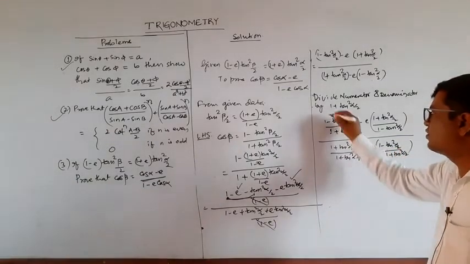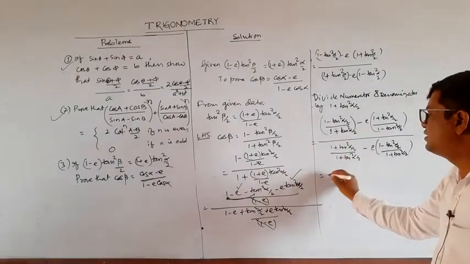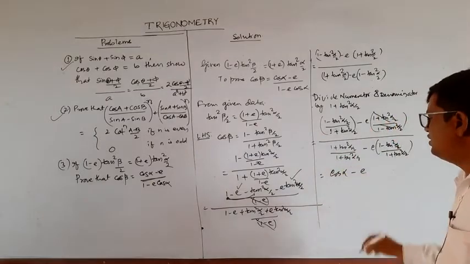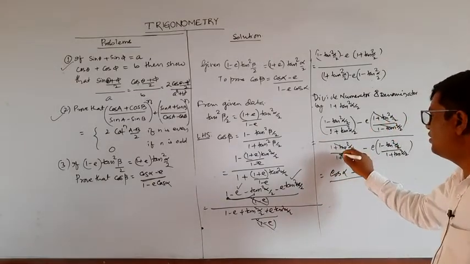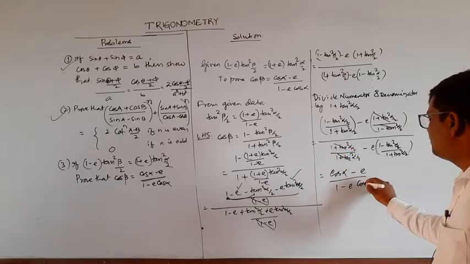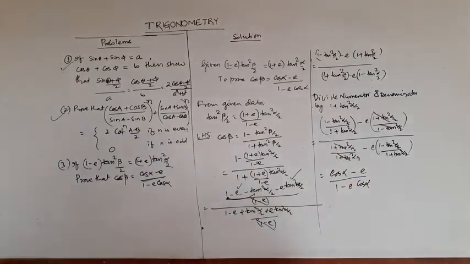Now this is cos alpha, and this term cancels, so minus e, and this is also cancelled, so 1 minus e cos alpha. This is our required proof.